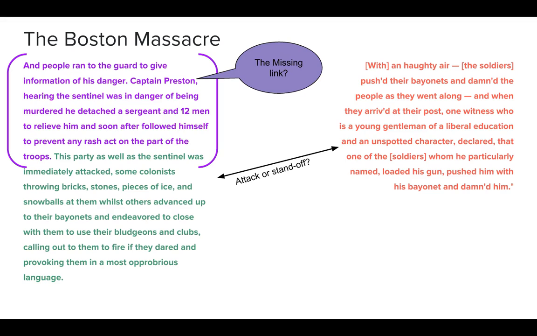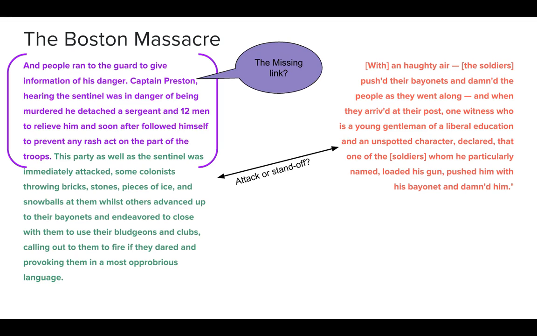And both Adams and Gage say that there was an attack, but it could also be assumed that there was a standoff between the two, and it's difficult to understand or identify from these two retellings of the Boston Massacre who was at fault or who was to blame here.